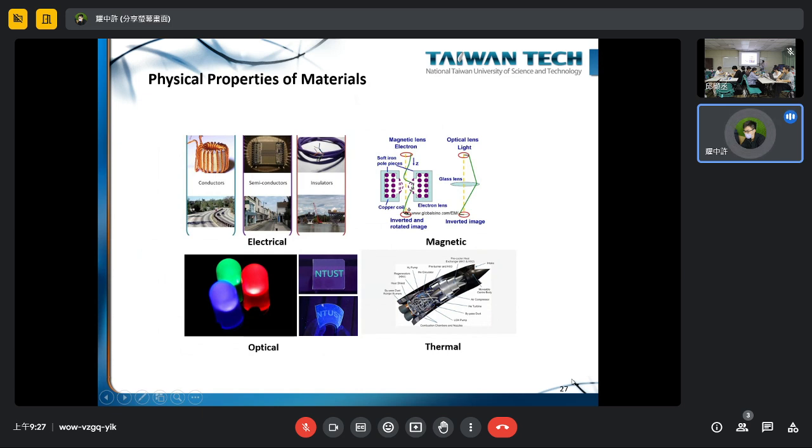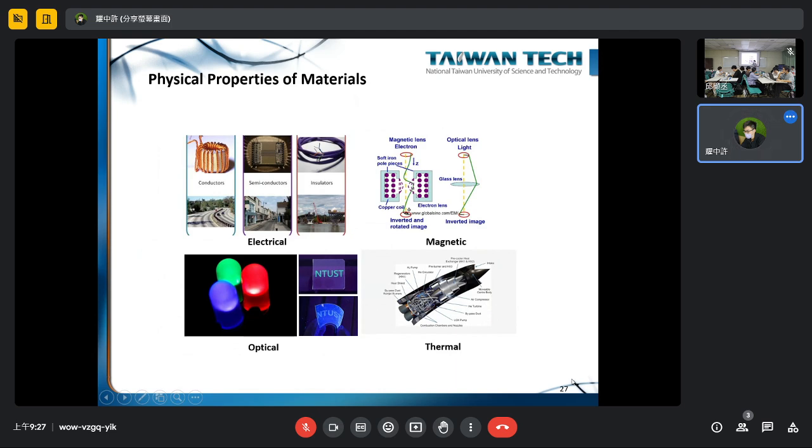And the band to band difference provides what? Energy difference, right? The level of energy difference corresponds to a certain light wavelength. So by tuning the band difference, you can tune the emission light, the color of the emission light. You can even go to ultraviolet or go to infrared.